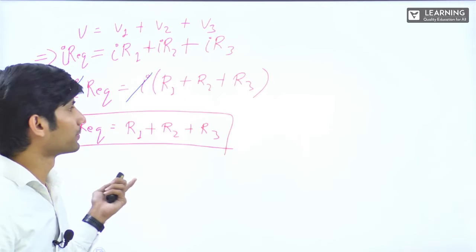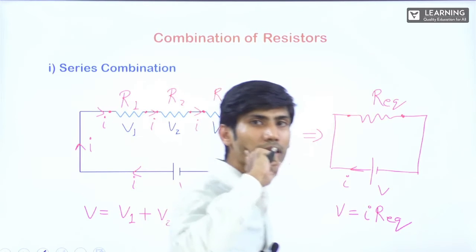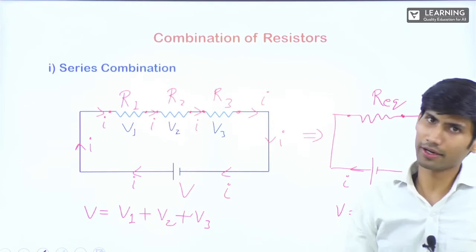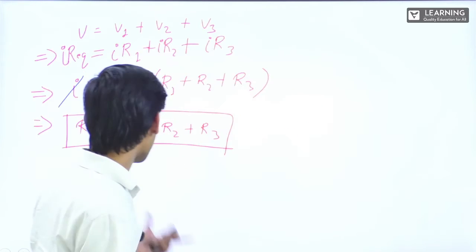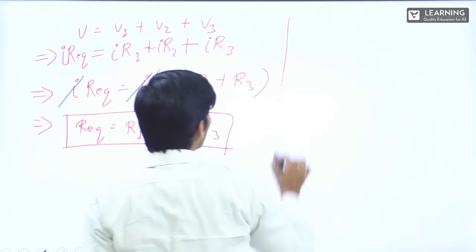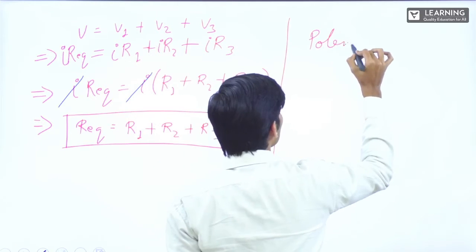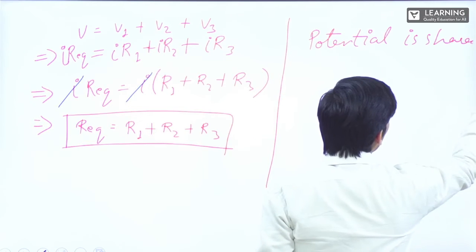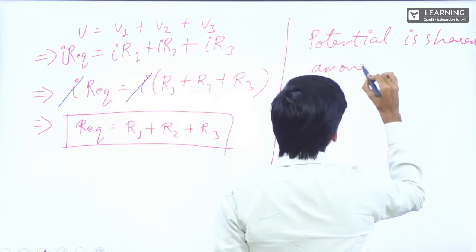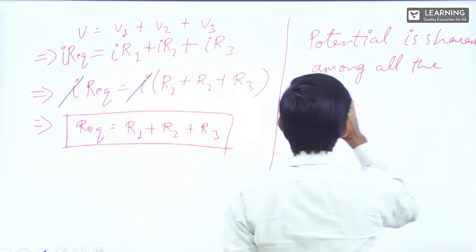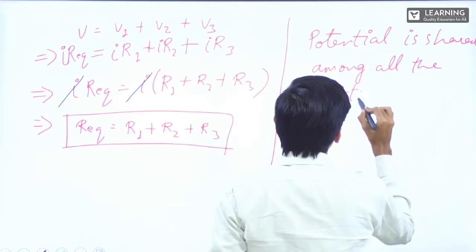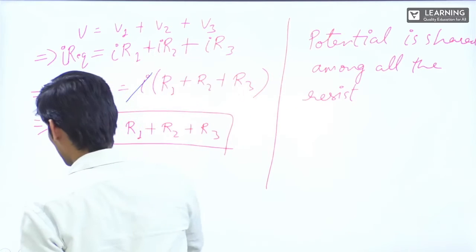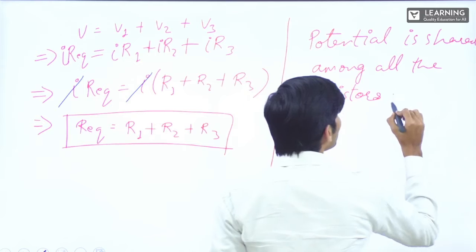This is R equivalent. So first thing you have to remember: in series the current in all the resistors is the same. The potential difference gets divided. Now how does this potential difference get divided? Potential is shared among all the resistors in the ratio.